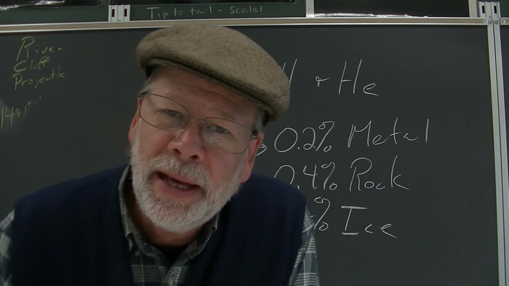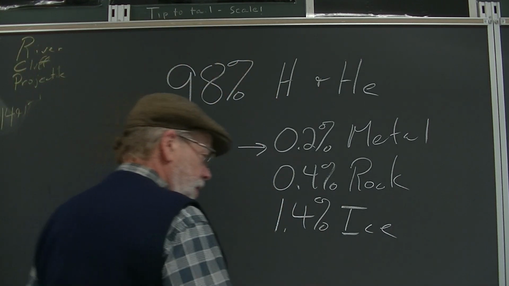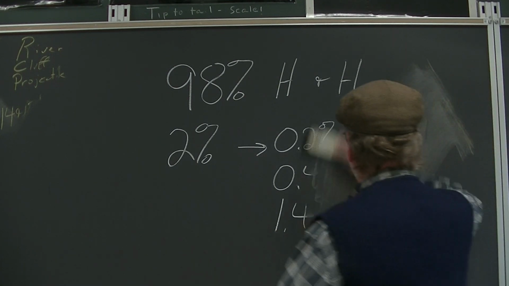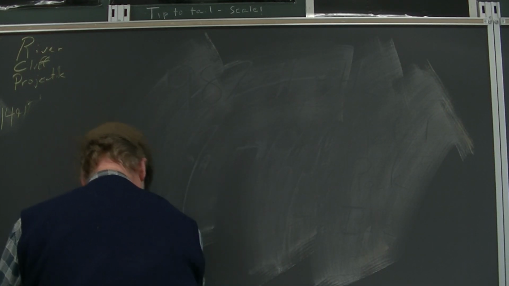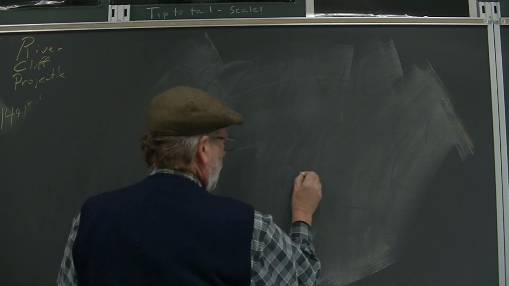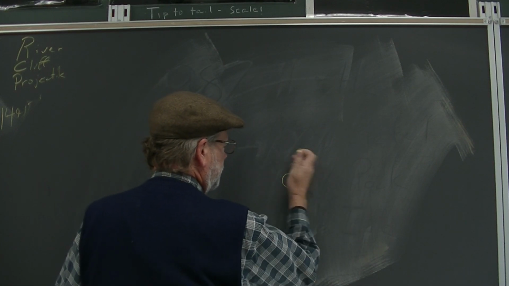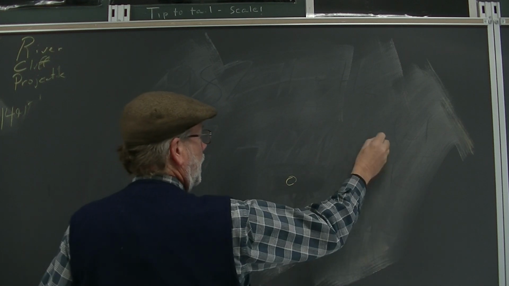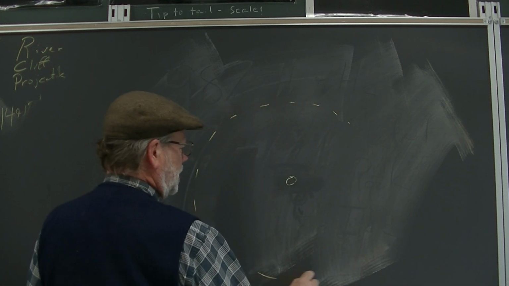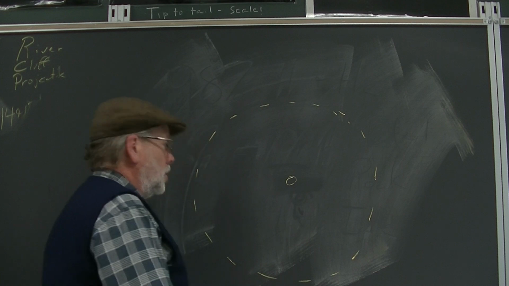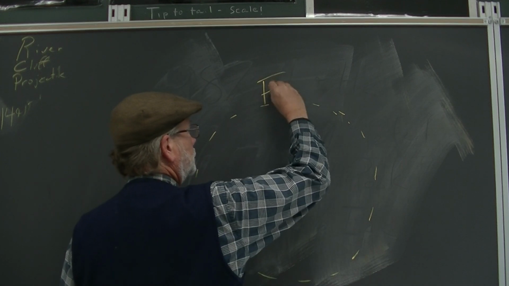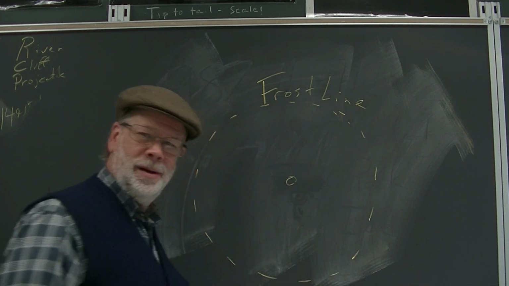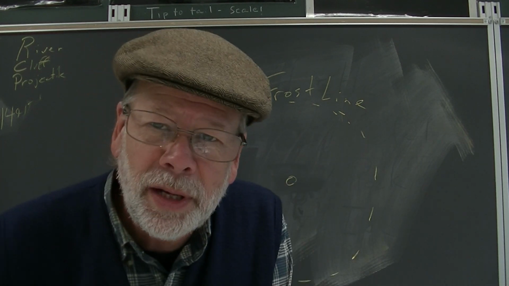Now let's see how that plays out in the solar system. Okay? So the sun first turns on. You have a region of space around it called the frost line. Okay, so what's going on with the frost line?